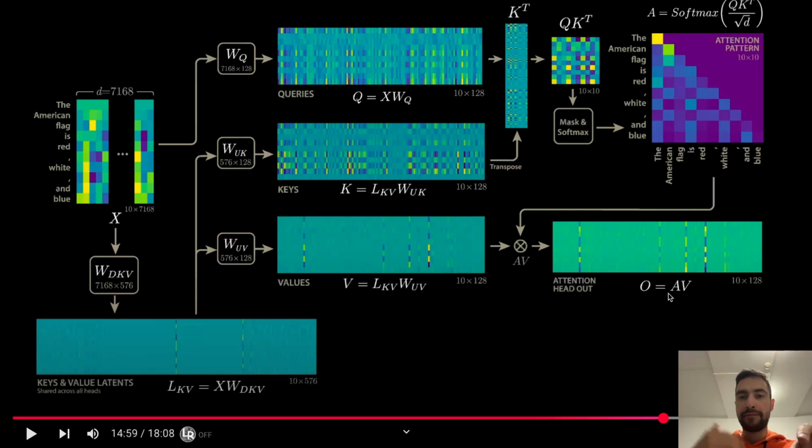So now, after everything, you will multiply this new long value vector that contains context with a weights matrix that's learned during the training to convert this shorter vector into the original 7,168 long vector. So you just convert the value with context into the big vector, back to square one. But now this token, it's not a token, it's a vector embedding that has information of this token and the context around it.